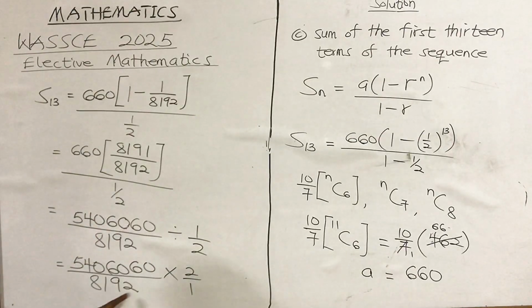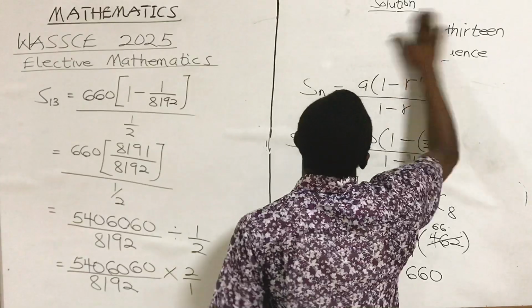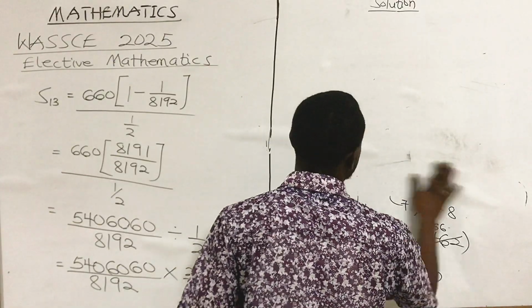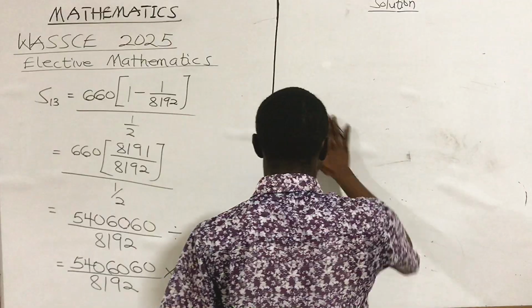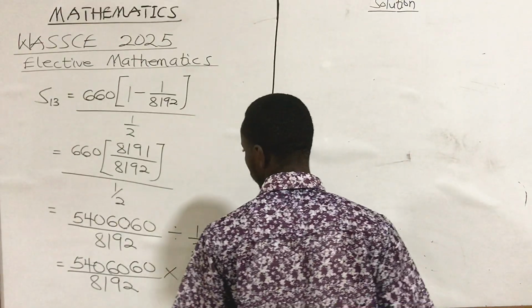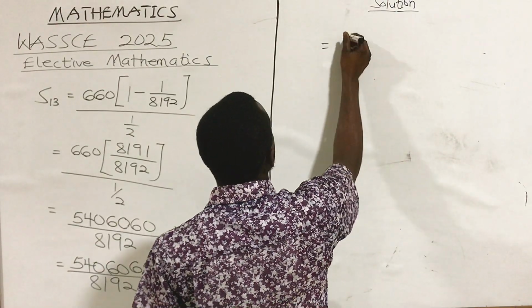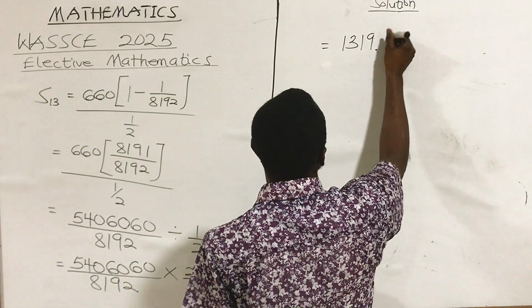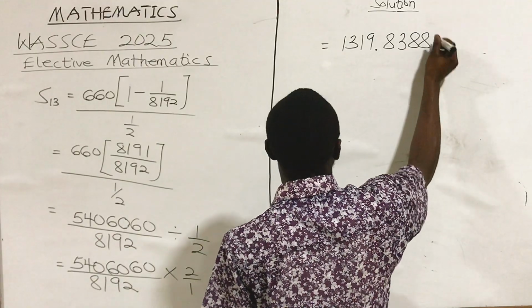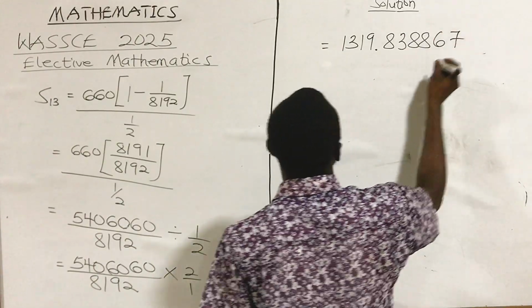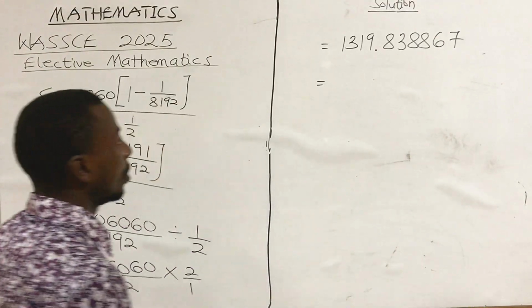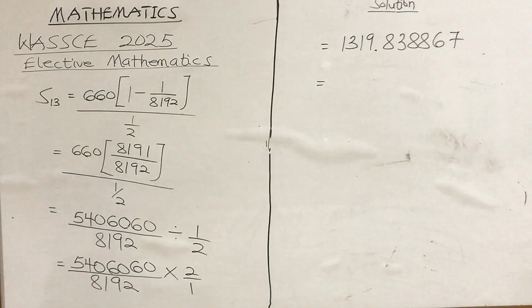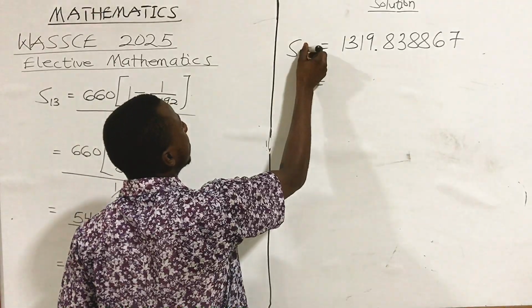So now this times 2 over 1, we are going to get 1319.838867, and this will be the sum of the first 13 terms.